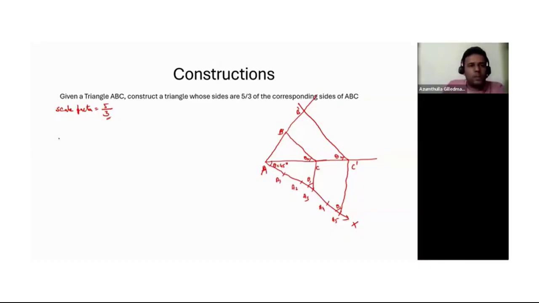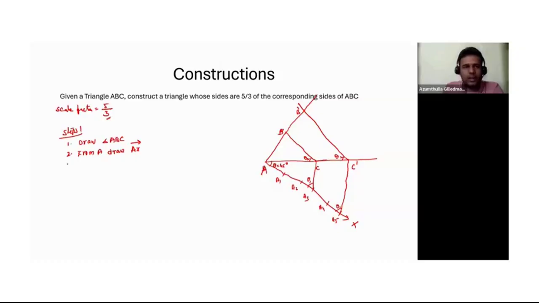Okay. So let's write the steps here, right? So what are the steps? The first thing is number 1, draw delta ABC, right? So first we draw the triangle ABC. Now what we did from A, draw AX ray, right? AX ray.